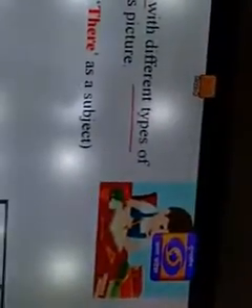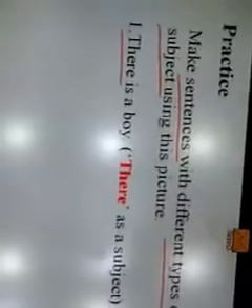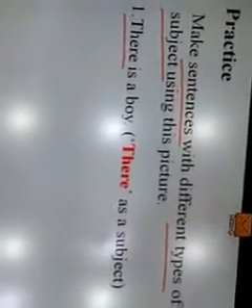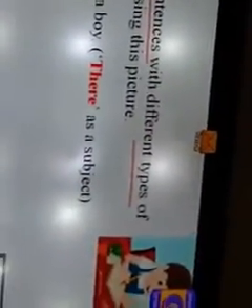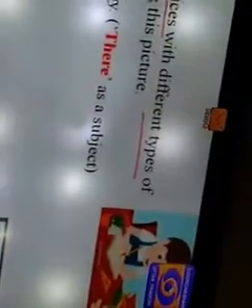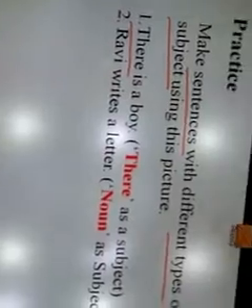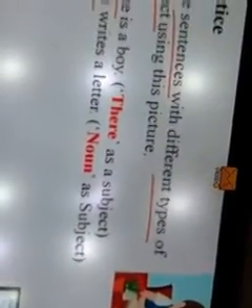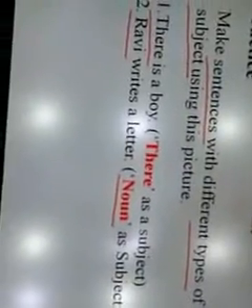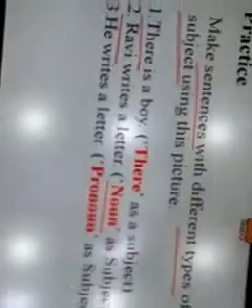You will say, there is a boy. There is used as subject in this sentence. If we call this boy Ravi, what will you say? What does Ravi do? Ravi writes a letter. Here we have subject as noun. Noun is used as the subject of this sentence.